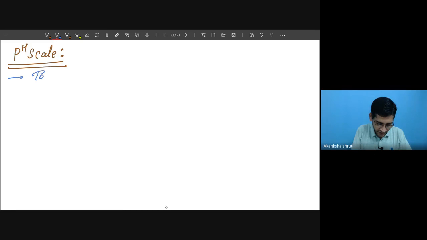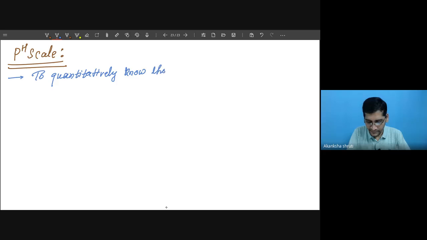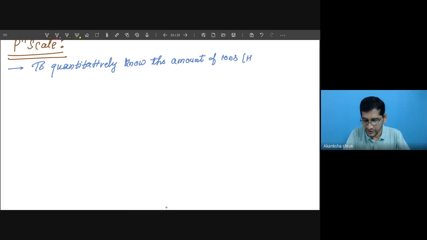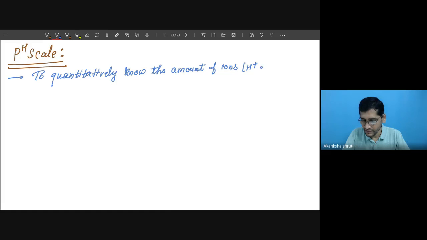So write, to quantify or quantitatively know the amount of ions. It may be your H plus or OH minus. So it gives the quantitative, means in a number. Quantitative means in number form.